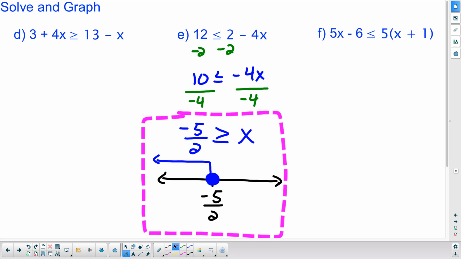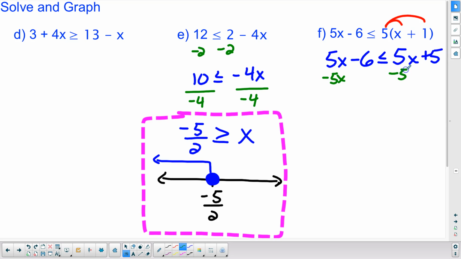On F, first I would distribute that 5 into there. So that gives me 5x minus 6 is less than or equal to 5x plus 5. Then I would subtract 5x. Then I would add 6 to both sides.